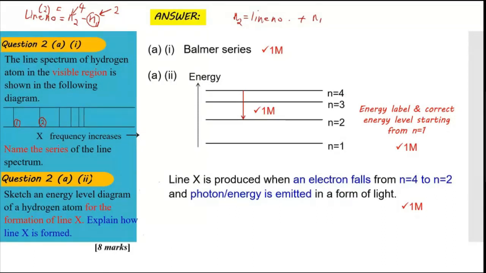The important thing in your explanation is the electron falls from where to where, and then energy emitted that corresponds to the line in the spectrum. This is the line in the spectrum. Okay, if you have any question, you can just turn on your mic and speak.